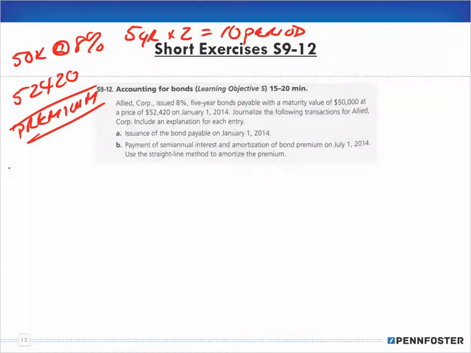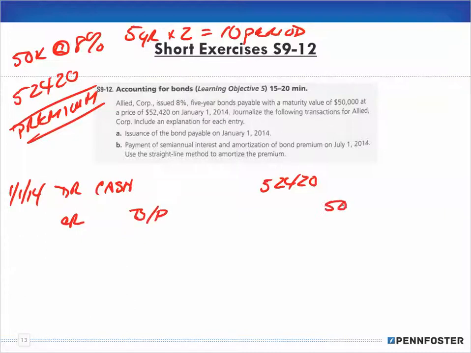Journalize the transactions. On 1/1/2014, what are we getting? We're getting cash, so we're going to debit cash for the $52,420. And we need to credit something else. Since it's a $50,000 maturity value bond, we're going to credit bonds payable for the $50,000.